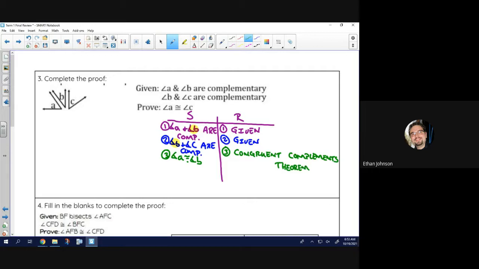And looking, that is actually what we're trying to prove. I meant to say angle A and angle C.